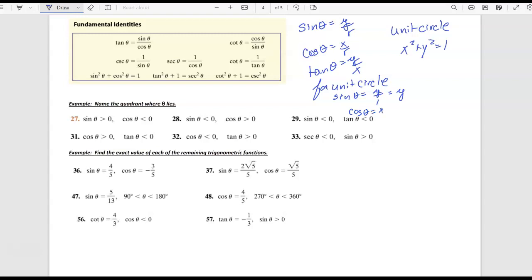Cosine of theta is equal to x over r, but if the radius is 1, then cosine is equal to just the x coordinate. That's kind of the premise we've been operating on for the last section or two. So let's take it a step further.